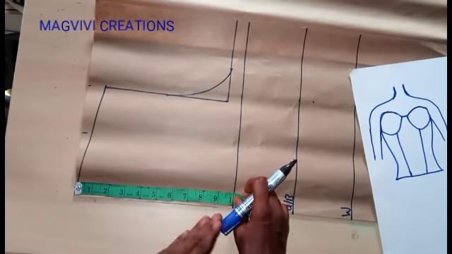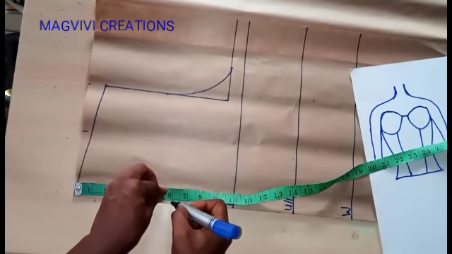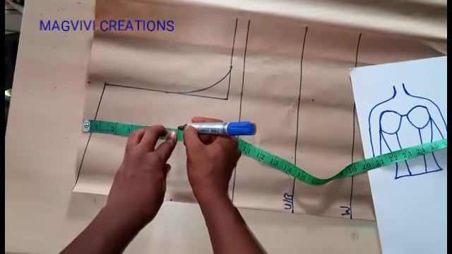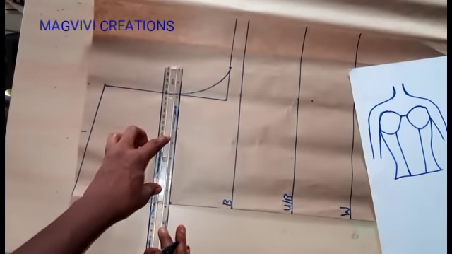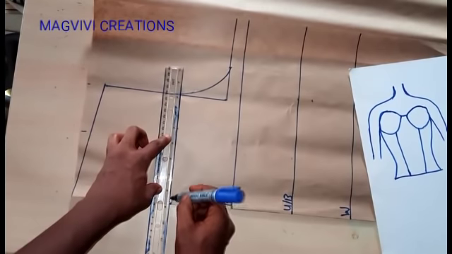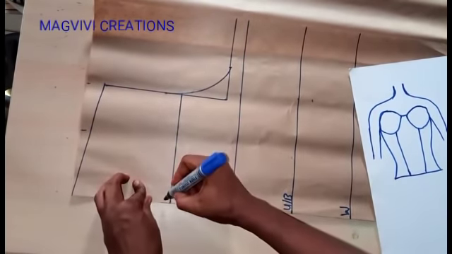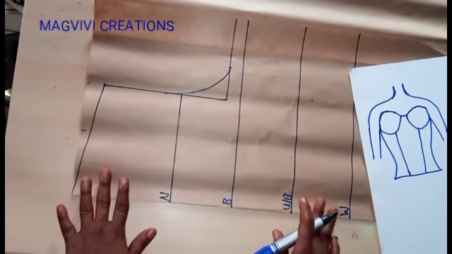You can go higher, you can go lower. I want it to be 6 inches, so I would mark it. So this is my neckline. I'm just repeating the point so that I can draw a line there. So I will just draw a line. This is my neckline. I will label it N. That's the neckline.